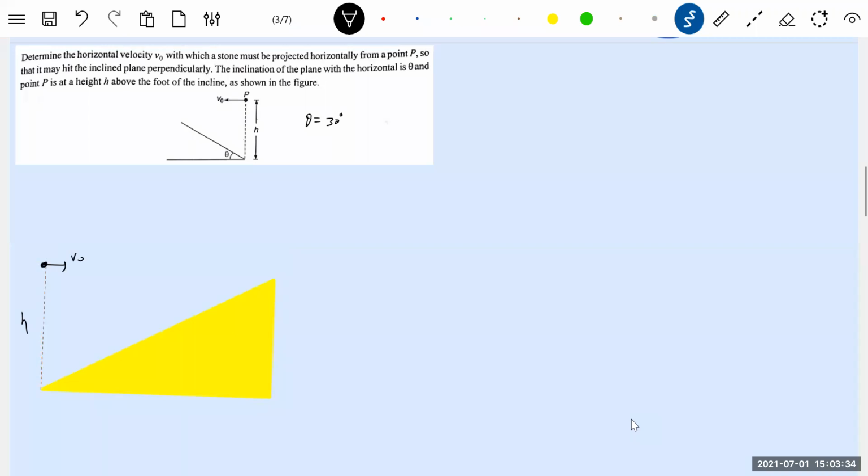How is the trajectory of this? It will strike here normally. That was the condition given for us. From point P I projected, at point A it will strike normally. This is the theta. Okay, what should be the horizontal speed of projection?